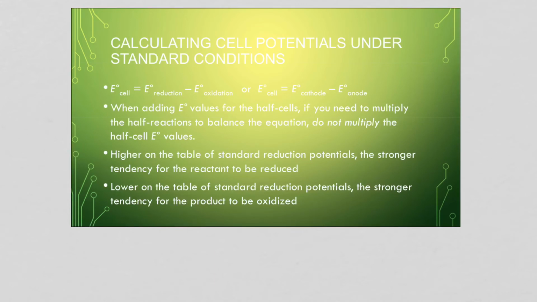To get our cell potential, we can use the reduction potentials: the reduction potential of the reduction minus the oxidation. Or we can think of it as the cathode minus the anode. This is using the electrode where the process occurs, and this is using the process itself. So it is reduction minus oxidation, or cathode minus anode.